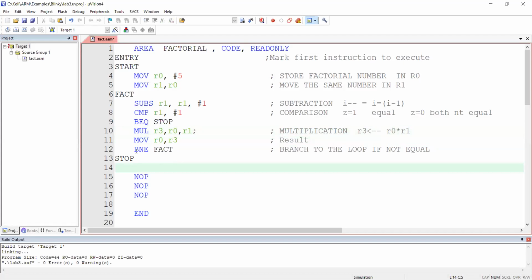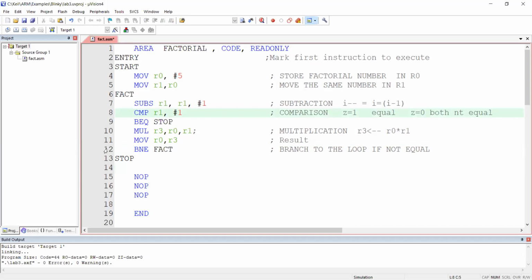Next condition: branch if not equal. Branch if not equal, go back to, see here, which should be not equal? It's not a move, it's not a multiply, it's not a BEQ, it's a comparison. Please remember, a branch decision line is always dependent on the most recently completed comparison.